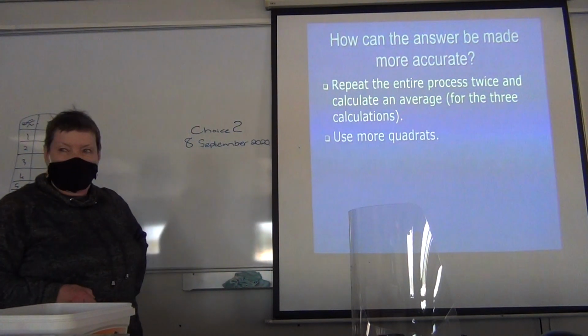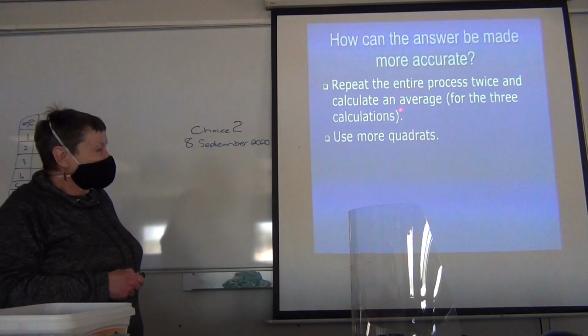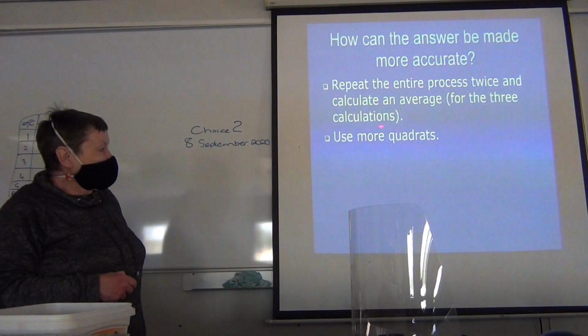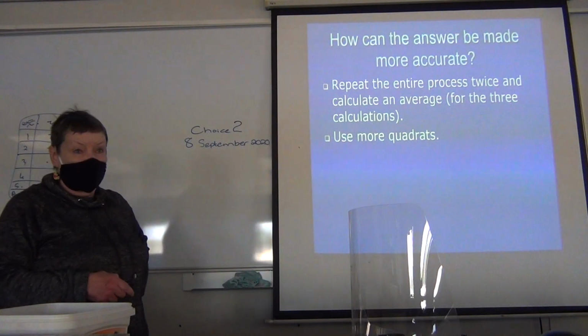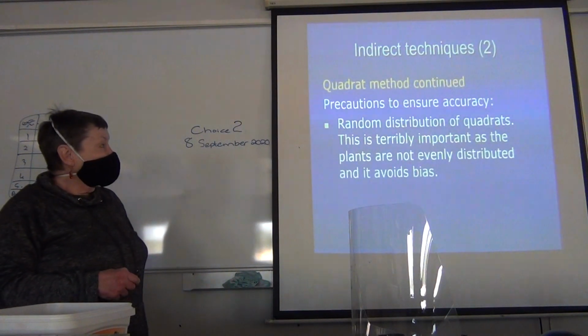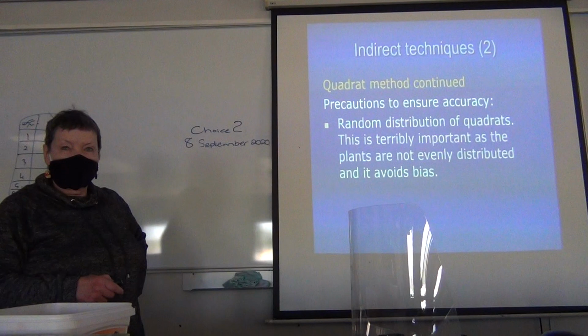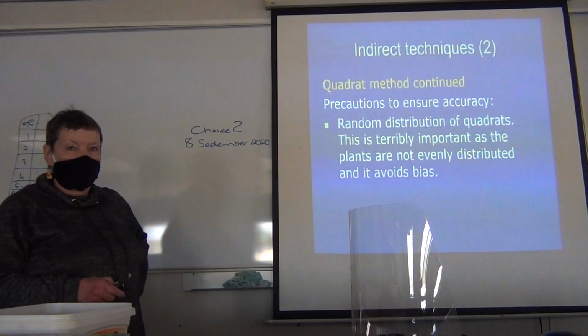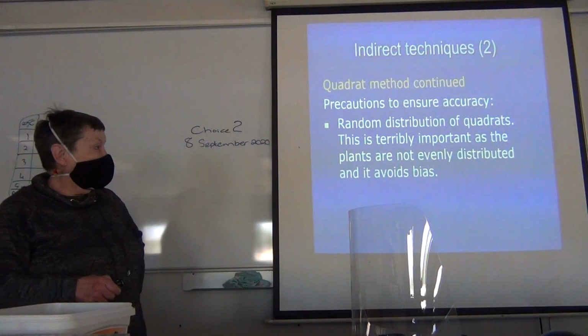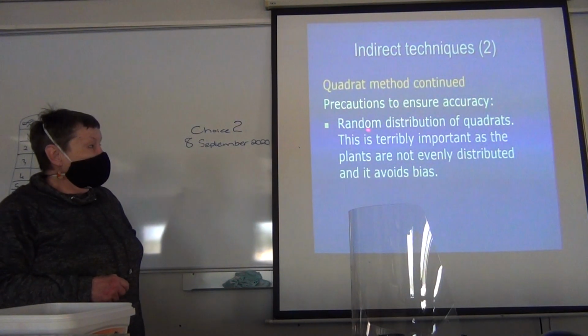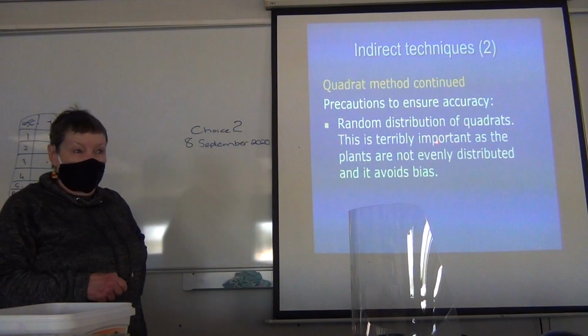Or use more quadrats. Make it more accurate. If you do the whole process again, you'd find a new average, and could you put the averages together to get a more accurate average? Yeah. Okay. So random distribution of quadrats is important.